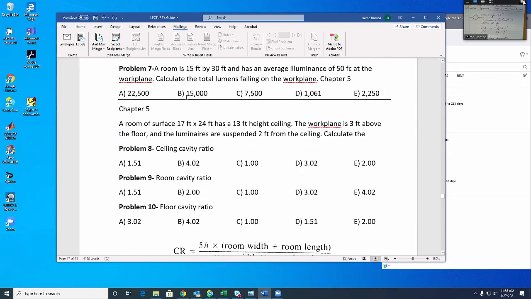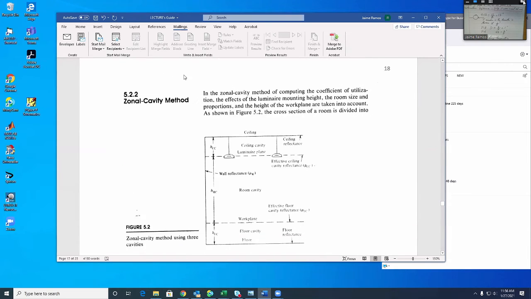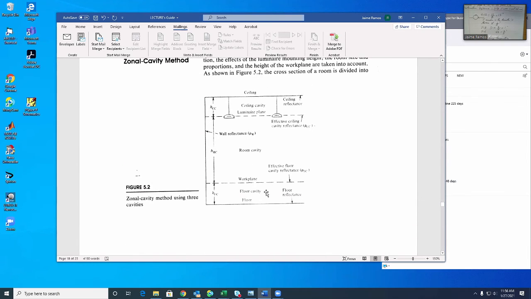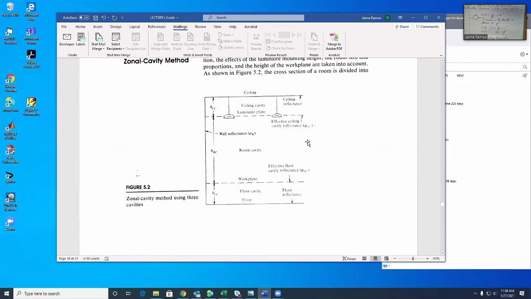Now problem 7 is about a room. So we'll discuss this next class. This is the definition of the different volumes in a room where we have the work plane and the position of the luminaires. So the room is divided in 3 cavities: the ceiling cavity, the room cavity, and the floor cavity.